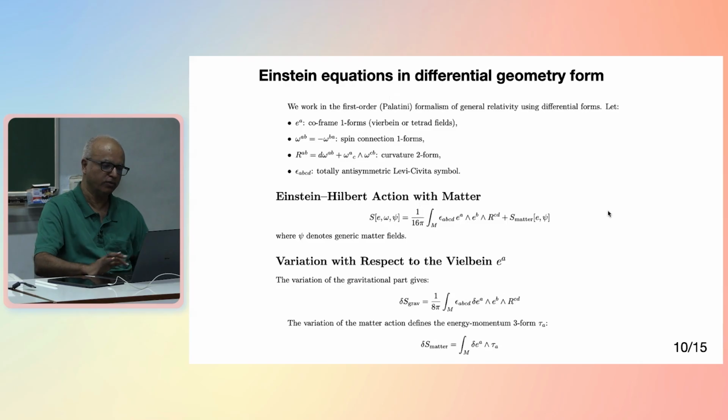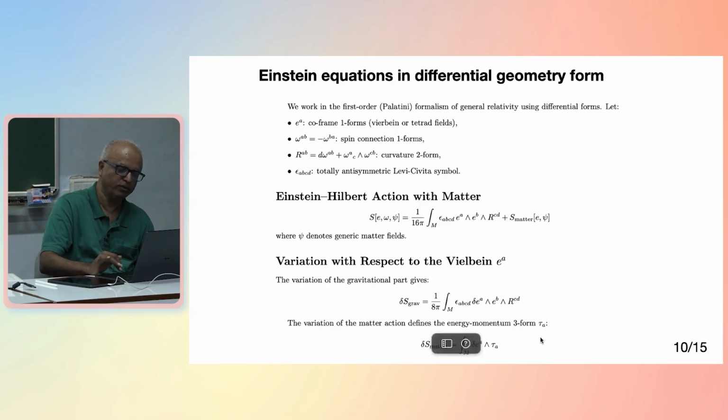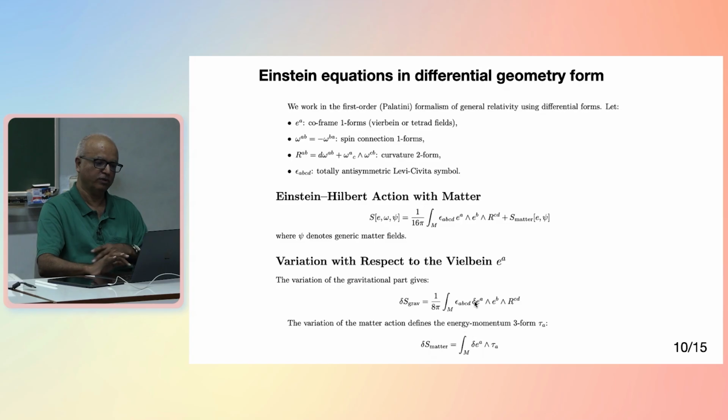So we can vary the matter action. By definition, when you vary the matter Lagrangian, when you vary the matter action with respect to the metric, here with respect to the tetrad, whatever you get is the energy momentum tensor. This Patrick would have done yesterday. So this is the so-called energy momentum 3 form, tau_A, just like there is a current 3 form in electrodynamics.